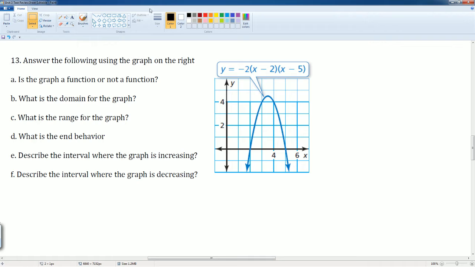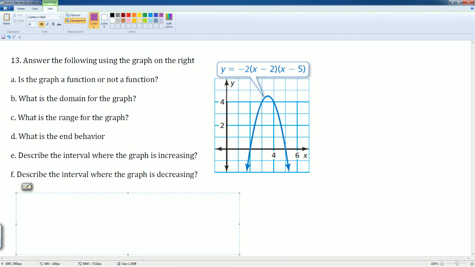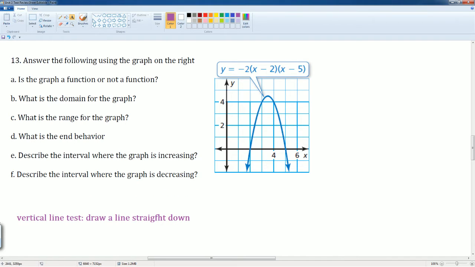First of all, is it a function or not? To determine if it is a function, we use something called the vertical line test. The vertical line test is when we draw a line straight down. Once we draw a line straight down, we see if it passes through more than one point. It is not a function if it passes through more than one point.